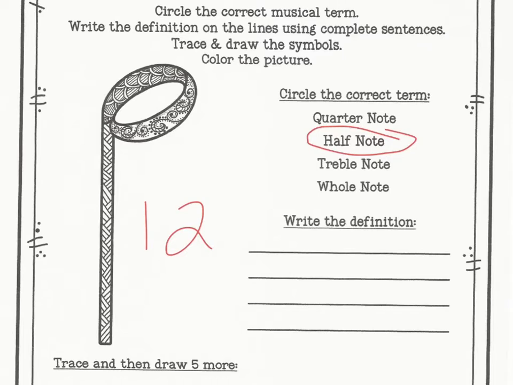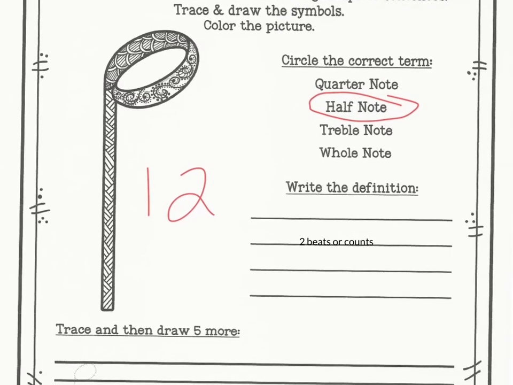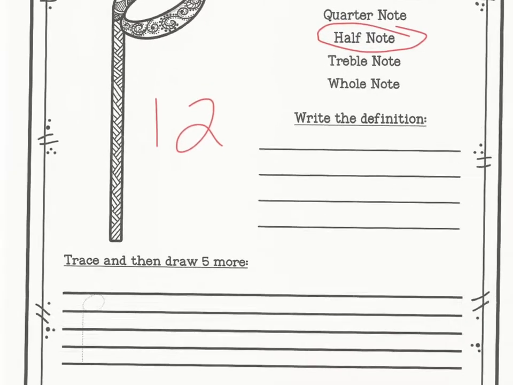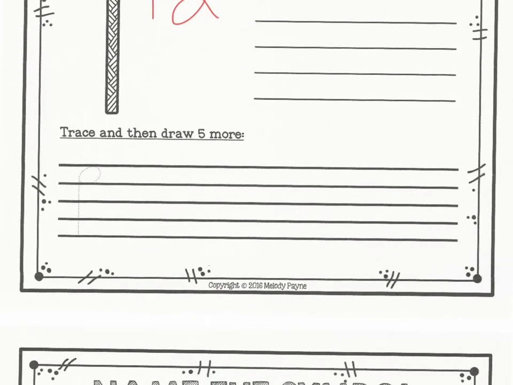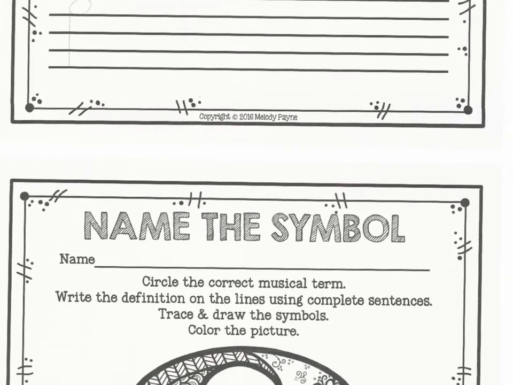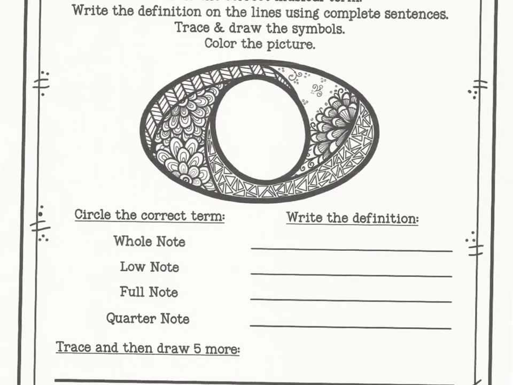So that is our definition, 2 beats or 2 counts. And then again here you're going to trace it and draw it 5 more times. Then we're going to move to our next one.